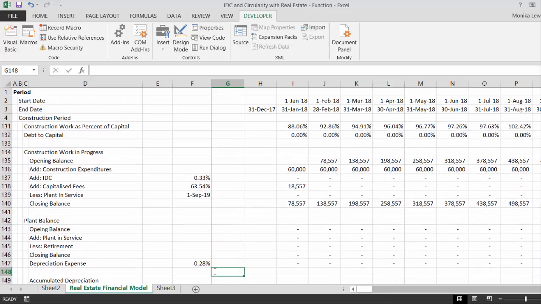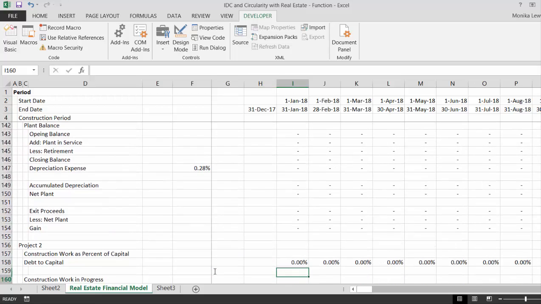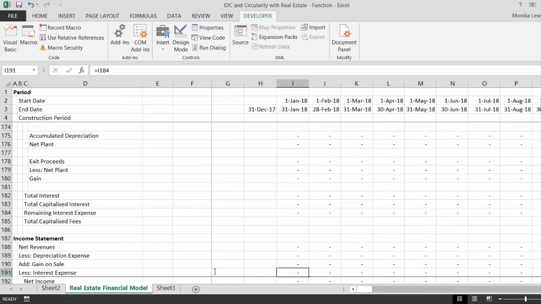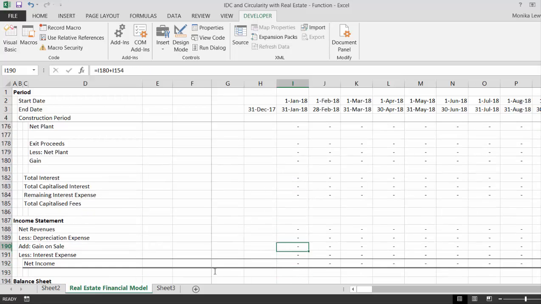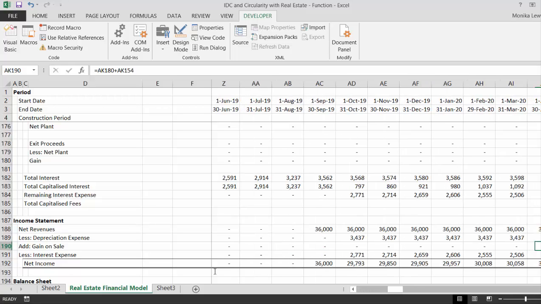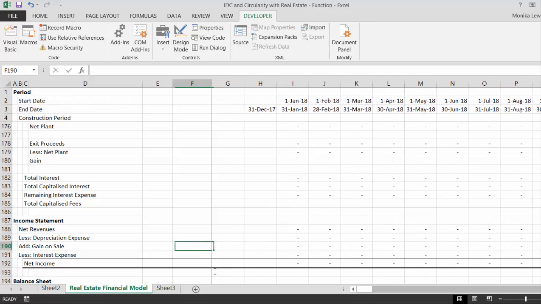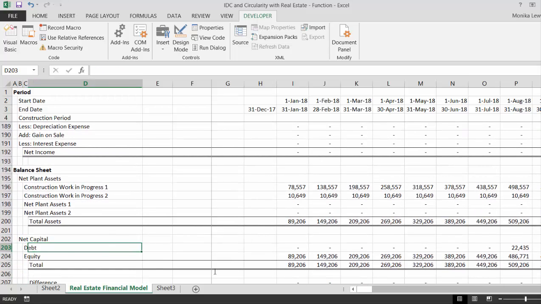We've got the equip balance, the plant balance. I'm not going to worry about all this retirement. We've got the second project. We've got the total interest, I hope. We have to divide it by 12. I forgot to do that. And we have the net revenues already. We have to subtract the depreciation. The gain on the sale will happen so far afterwards, after we're finished, unless we sell one before we've finished the other. So I'm not going to worry about that one right now. And then we've got the debt and the equity.